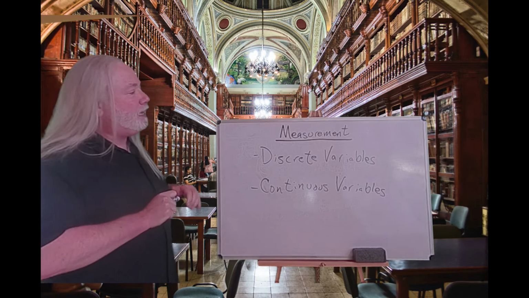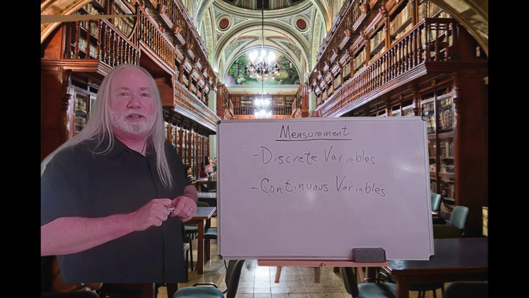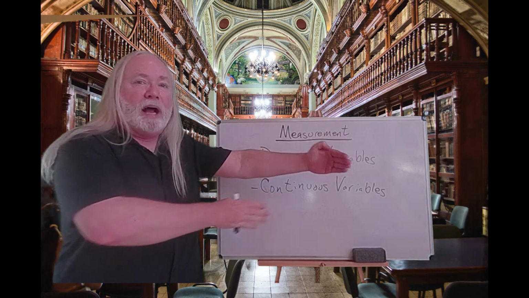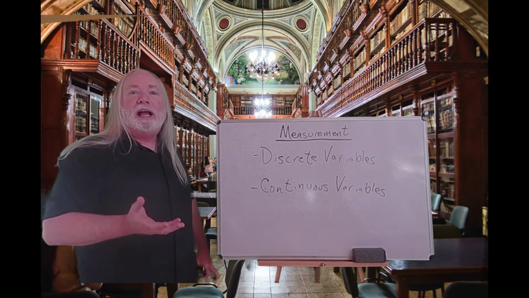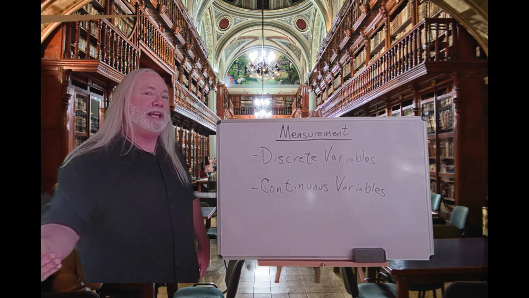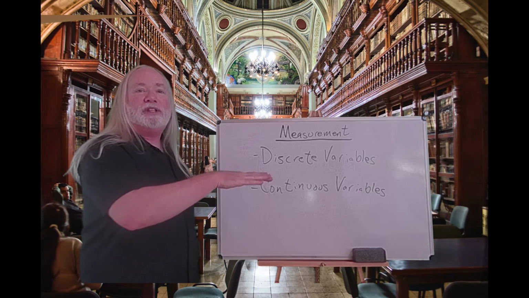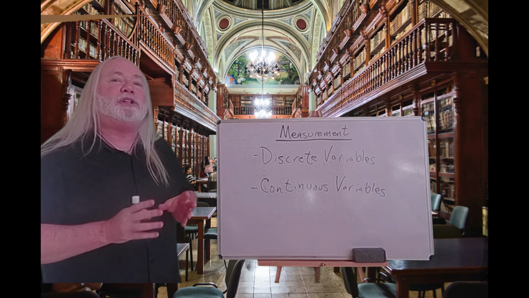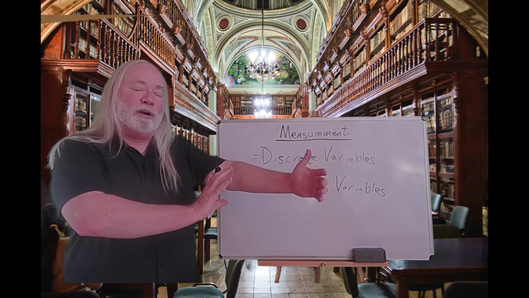So discrete means separate or distinct. So it's different boxes, separate boxes. If you are taking a multiple choice test question and you can pick A, B, C, or D, that's discrete. It's either A, or it's B, or it's C, or it's D. So if we are measuring a variable as a discrete variable, it means our measurements are going to be separate, distinct categories.